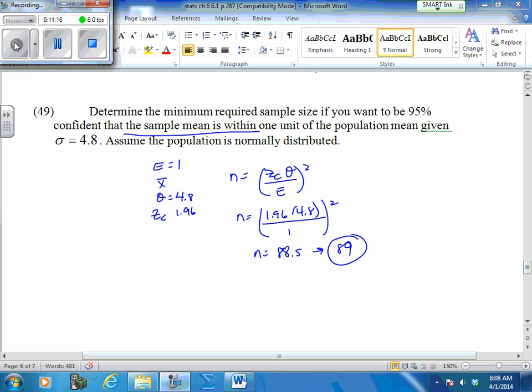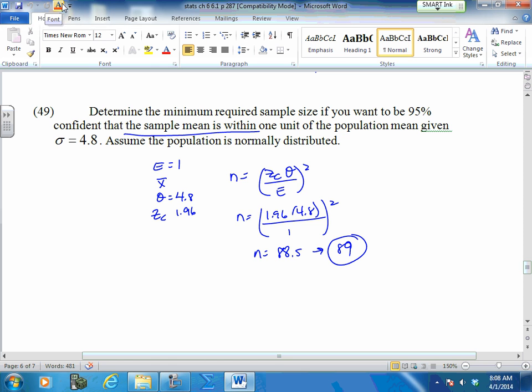Thank you. So, okay, 49 says determine a sample size. Again, how do you know that you're finding your sample size? Determine your minimal sample size. It's right here. If you want to be 95% confident, so your confidence interval is 95, you need to find me a zc for 95.